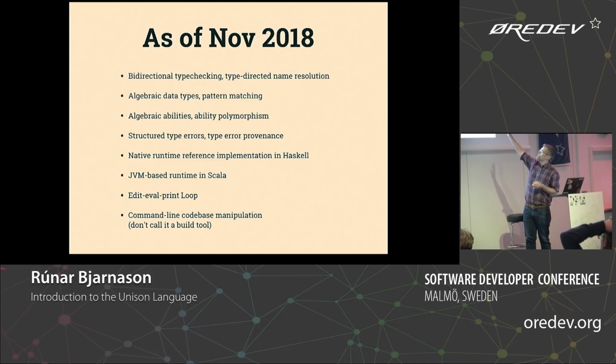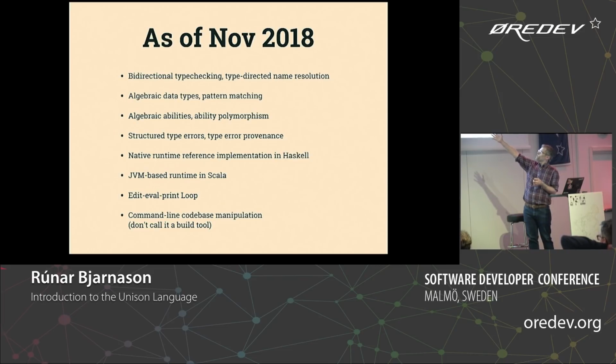We have pretty good type errors, and we have type errors that are structured objects. So it's not just a string. When we throw an error, it's actually a full trace of what the type checker has done, and so we can generate a good error message from that. We have type error provenance. That is, we can detect where a type originally was introduced that caused an error.